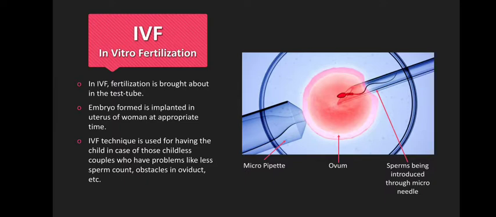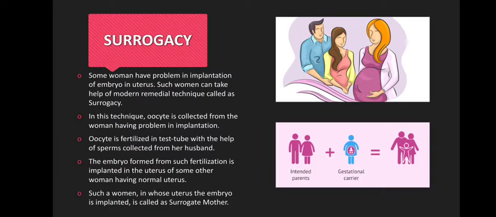Now moving on to the next technique, that is surrogacy. This technique is helpful for people having problems in implantation of the embryo in the uterus. Such women can take help of a modern remedial technique called surrogacy. In this technique, the oocyte is collected from the woman having problems in implantation, right?